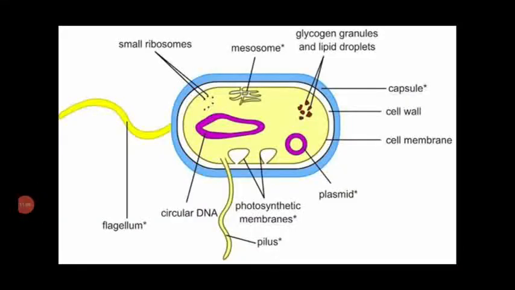Dear students, this is the other diagram which is showing the different cell inclusions and also the parts of a bacterial cell. At the center of the bacterial cell is the cytoplasm, the outermost region is the capsule, inner to the capsule is the cell wall, inner to the cell wall is the cell membrane.